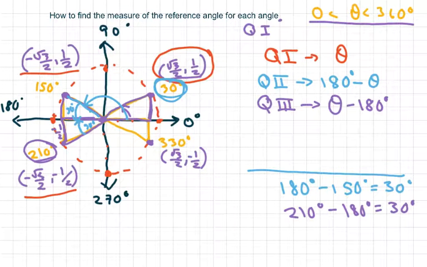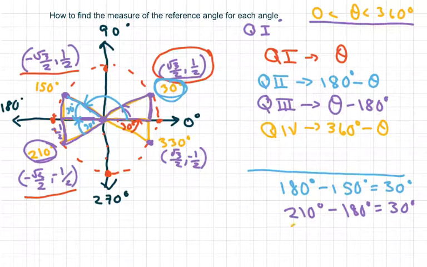And then for quadrant 4, you draw again up to the x, and that shows you your 30 degrees here. For quadrant 4, you're going to take 360 degrees minus your angle.